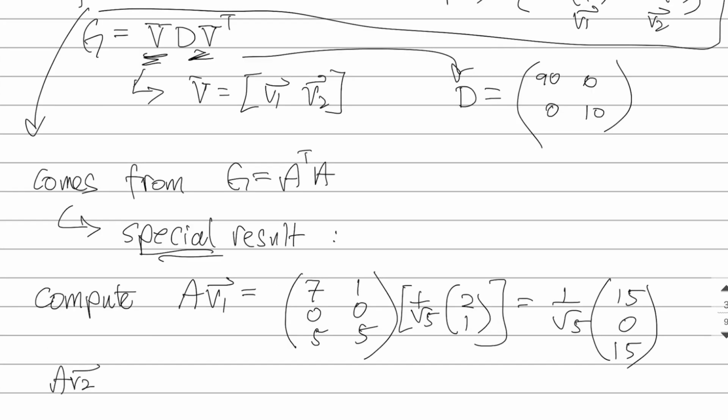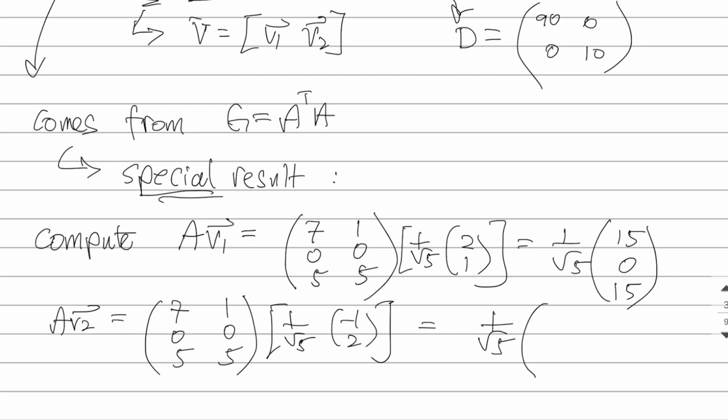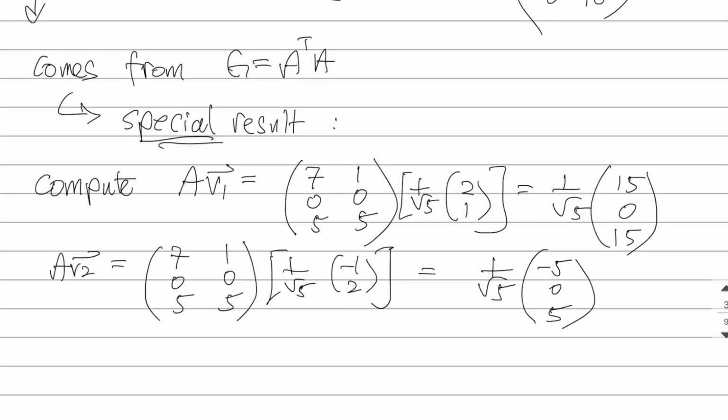If I take the second eigenvector and do the same kind of matrix vector product, I'll get a 1 over root 5 and a negative 1 and 2. If I compute this, I'll get a negative 5, a 0, and then a positive 5. So what?